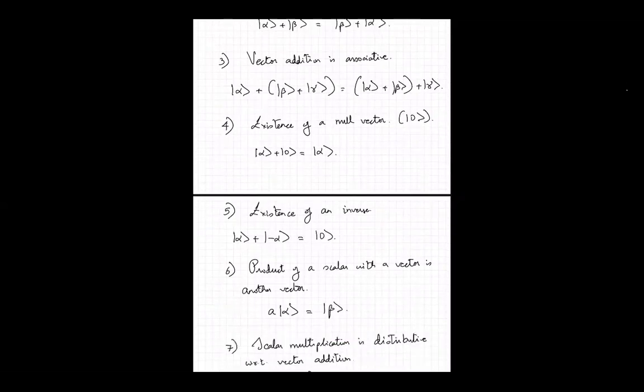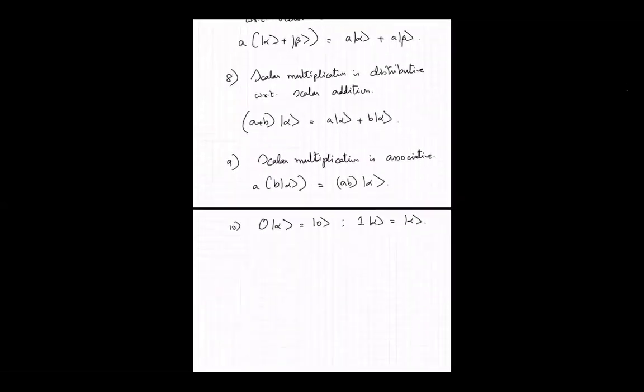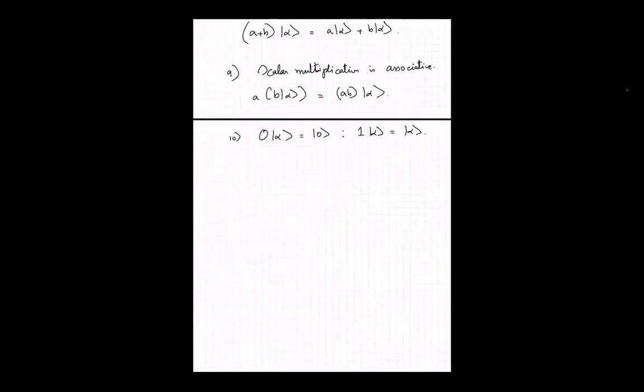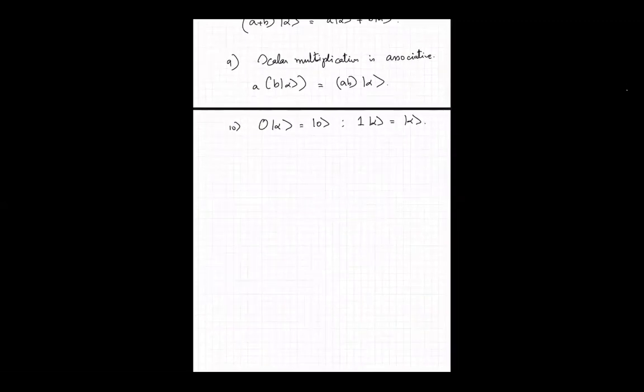If I claim that I'm living in a linear vector space, these are the rules that the scalars and the vectors have to obey. Now, there are a couple of points that you have to note. One, a vector is a general term.